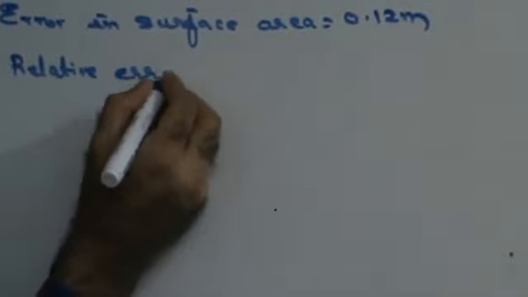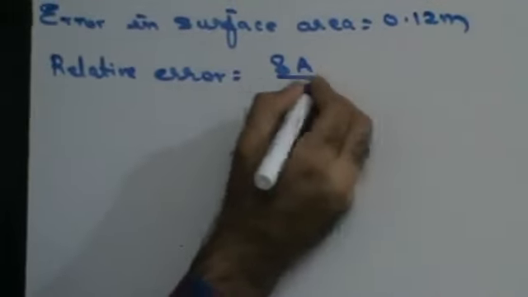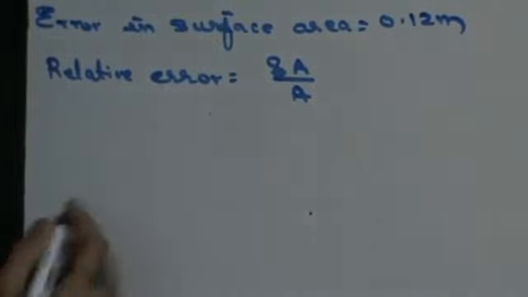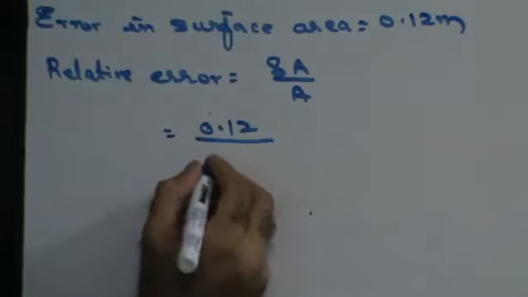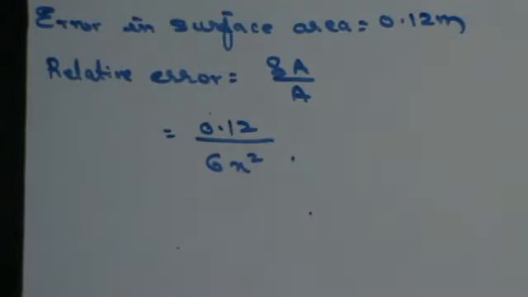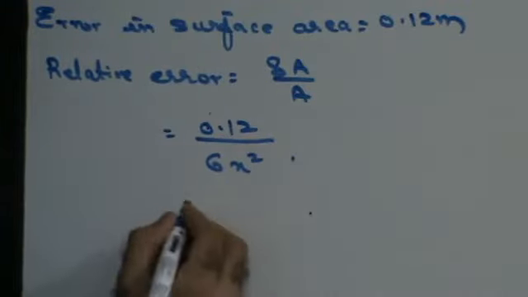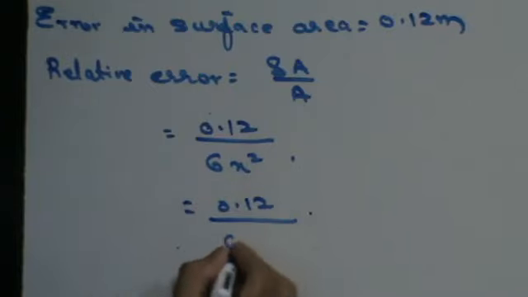Next they've asked you to find out the relative error. Relative error is given by the formula error in A upon A. Error in A you found out as 0.12. A is nothing but 6x square, and we know the value of x to be 2. So 0.12 upon 6 into 2 square, that is 4.